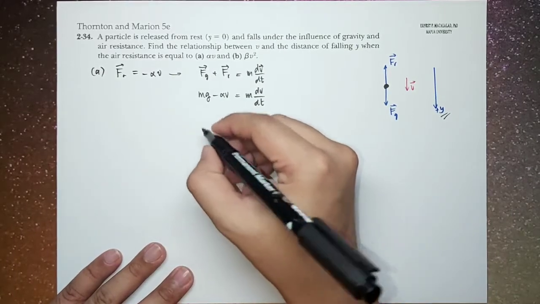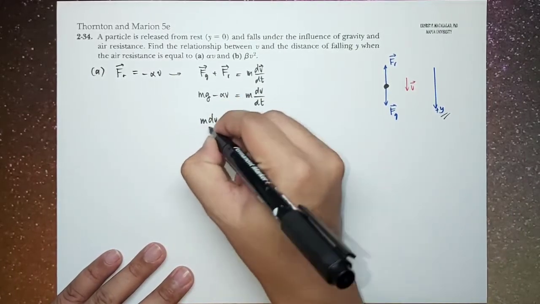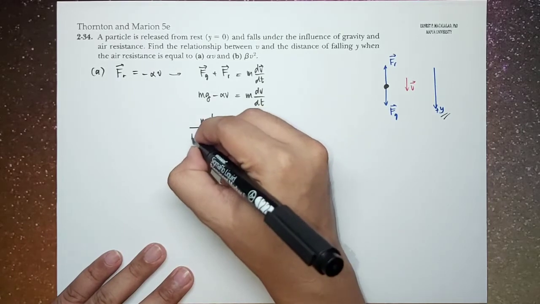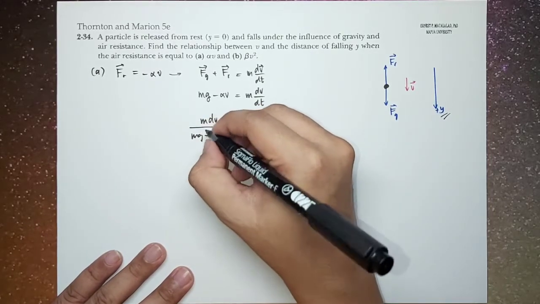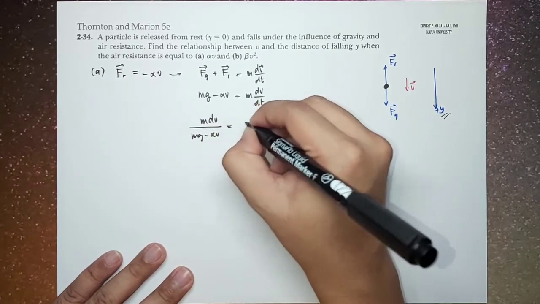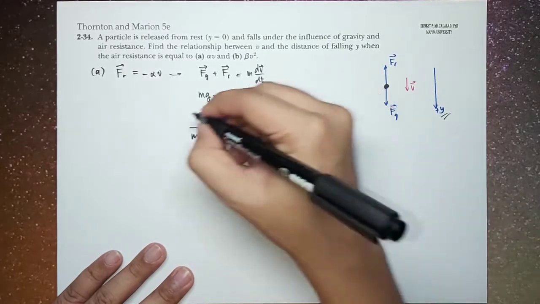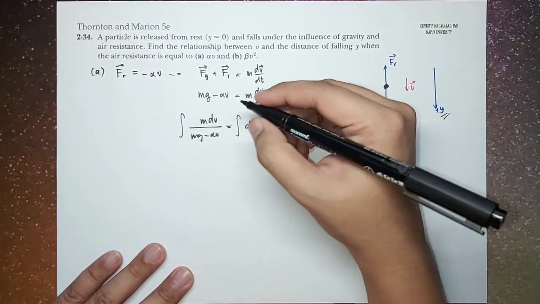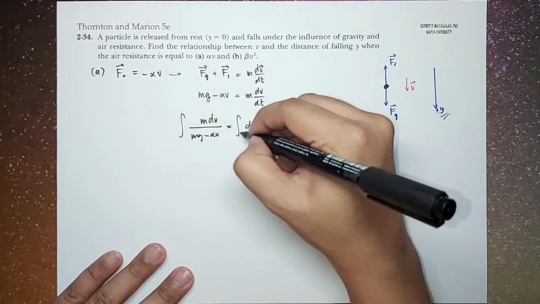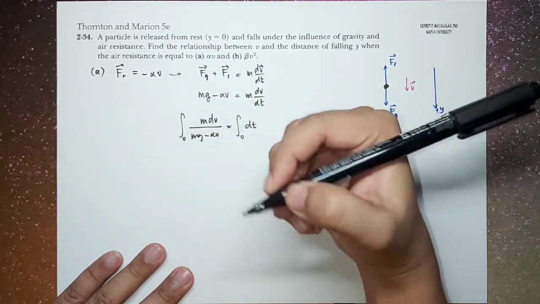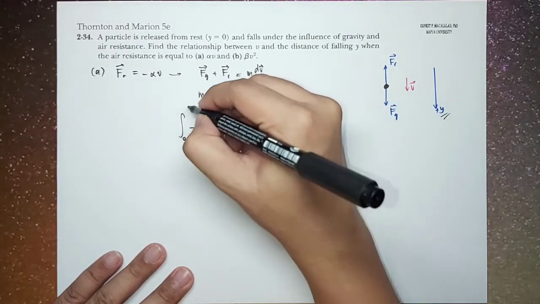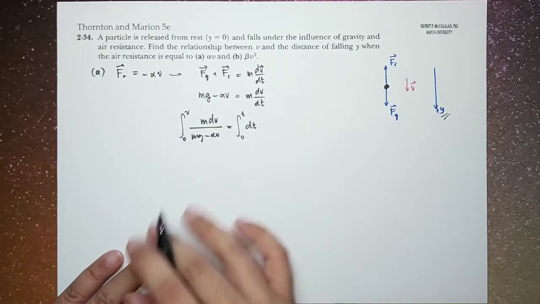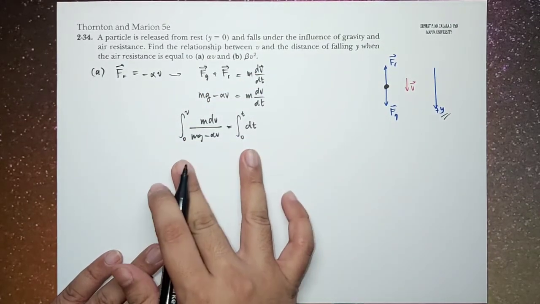This becomes m dv over mg minus alpha v, and this is equal to dt. Then we can integrate them. Again, it started from rest at time equal to 0, and at a later time t, the velocity is v. Of course, we can solve this integral.